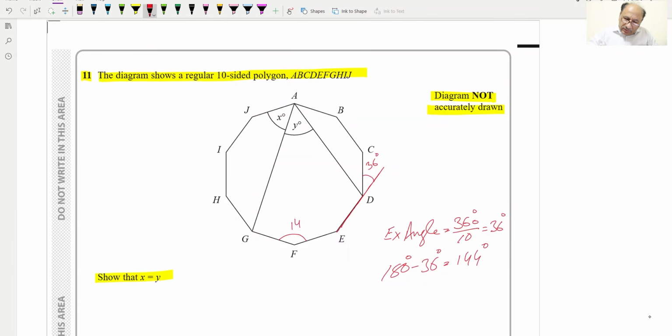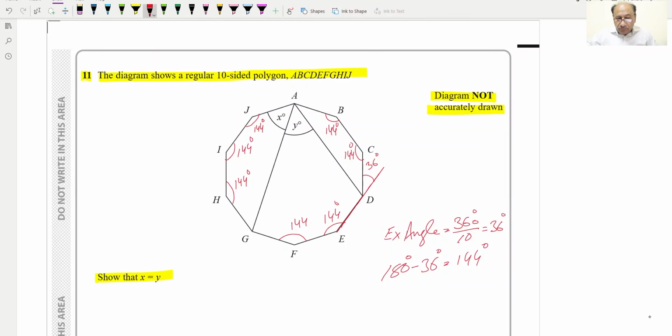So each angle is 144 degrees. The complete angles, I'm writing 144 degrees. This angle is also 144 degrees, and this angle is also 144 degrees. This angle is also 144 degrees. Even this angle is 144 degrees.